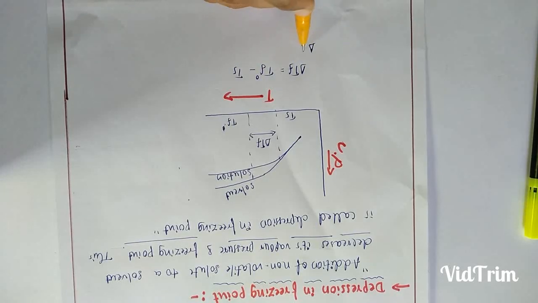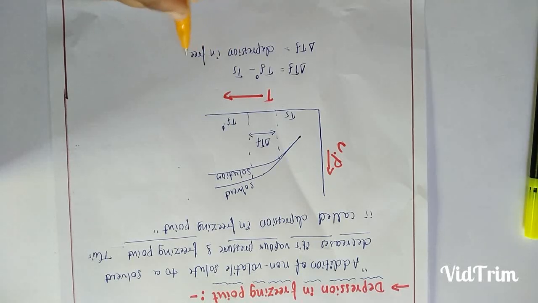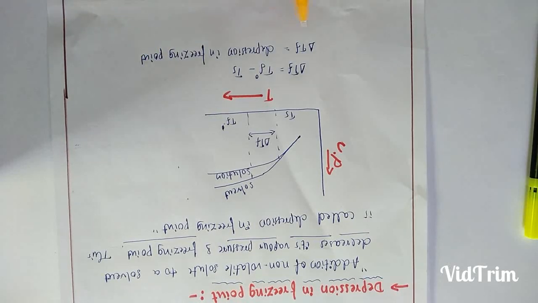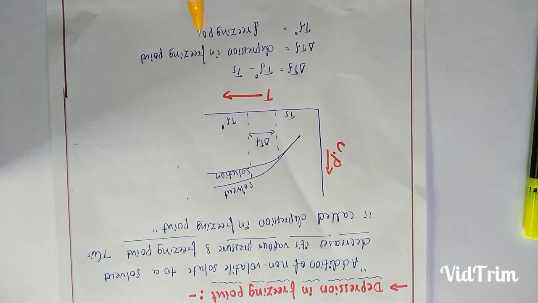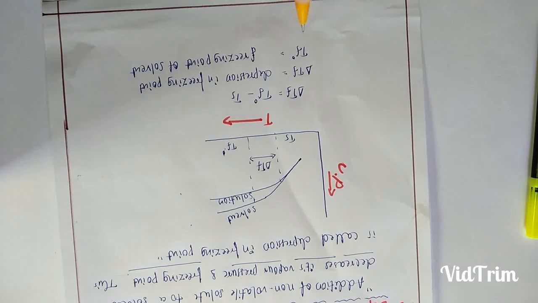Here delta TF means depression in freezing point, TF naught means freezing point of the solvent, and TS means freezing point of the solution.